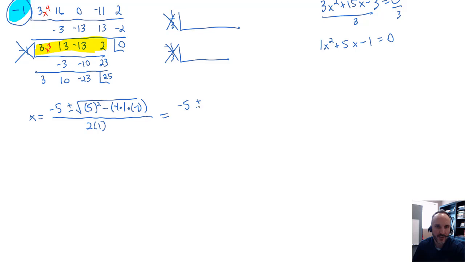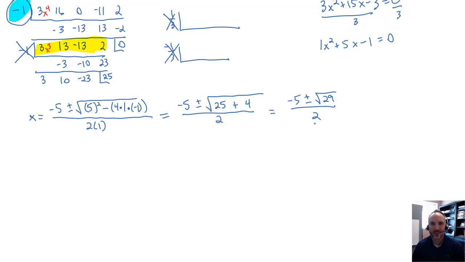So I've got negative 5 plus or minus the square root. 5 squared is 25. 4 times 1 times negative 1 is negative 4. I've got minus negative 4, so that turns into plus positive 4 over 2 times 1, which is 2. So I get negative 5 plus or minus the square root of 29 over 2. And I can't split the square root of 29 at all, so those are my last two zeros.